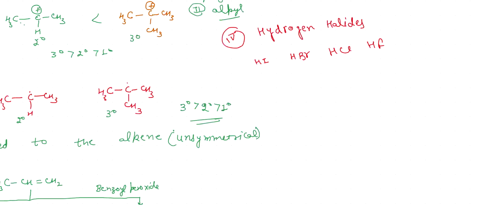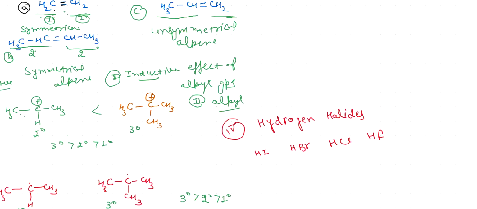Hydrogen halides, when there is a bond between hydrogen and halide, are known as hydrogen halides. The first one is hydrogen iodide, then hydrogen bromide, hydrogen chloride, and hydrogen fluoride. Out of these, which can undergo reaction more easily?